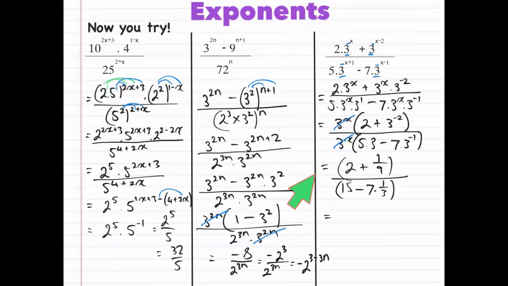So, I'll just go step by step. So 2 plus 1 over 9 gives me 19 over 9 divided by, and then we simply take the 7 times the 1 over 3, which is 7 over 3, and 15 minus 7 over 3 will give me 38 over 3, and that will end up to be a sixth if we divide it.